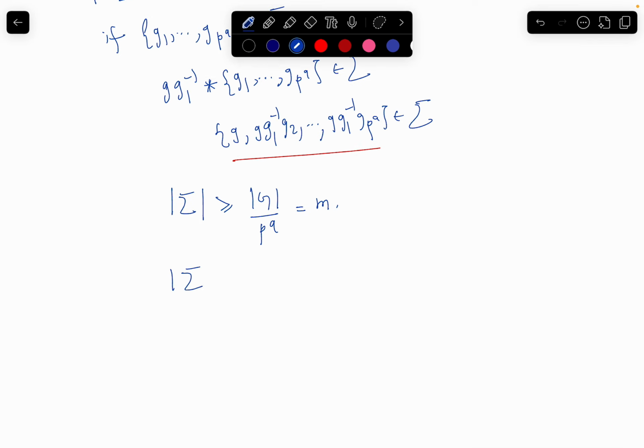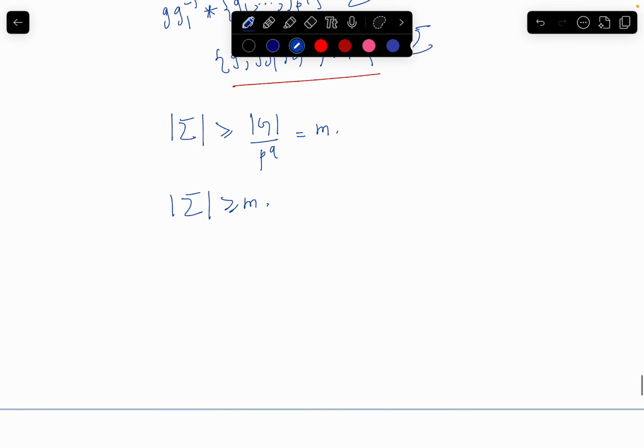So the number of elements in the orbit is at least m. Now we can divide it into two cases: what if the number of elements of sigma is m, and what if it is greater than m?